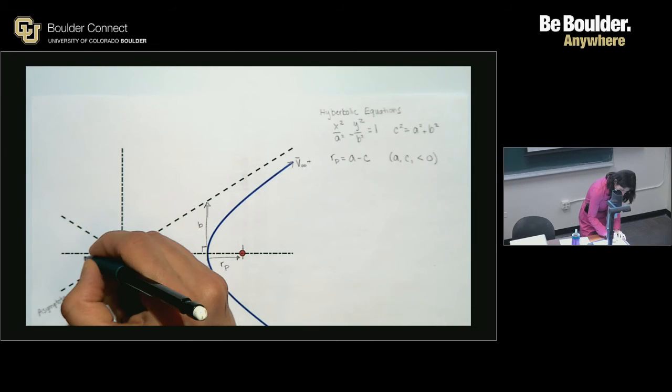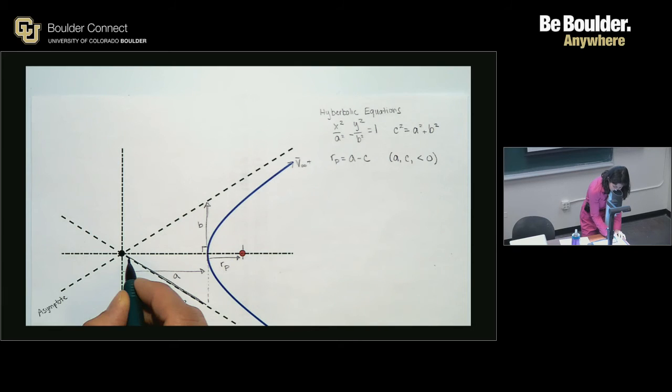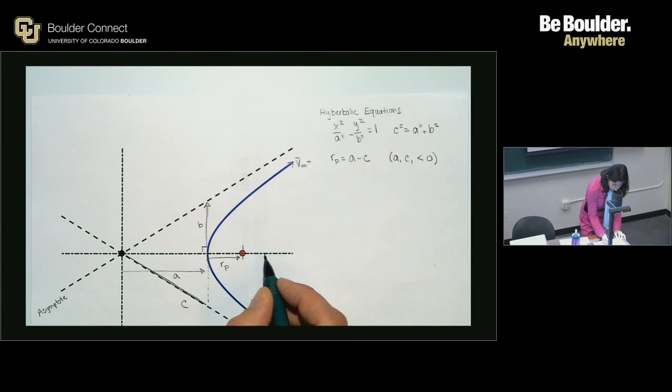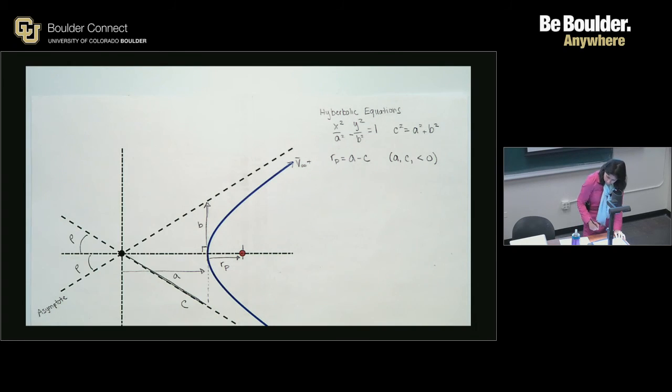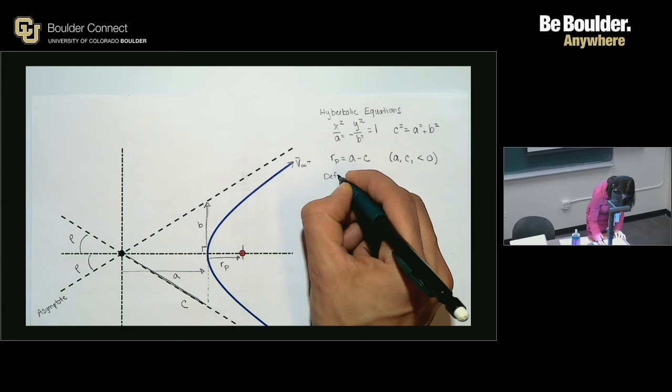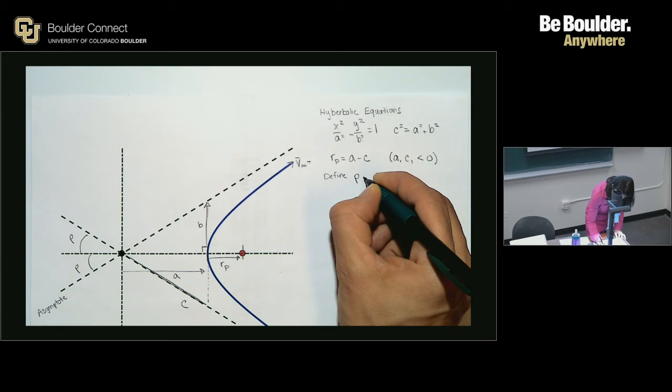And if we define an angle between the line from the origin through periapsis and the asymptote, we'll call it rho. So these values are rho, and we'll define rho as the asymptote half angle.